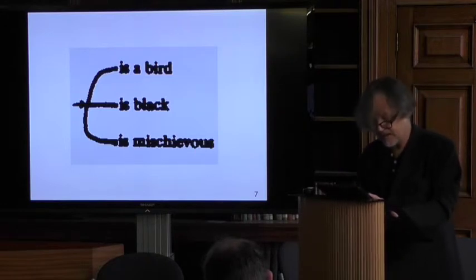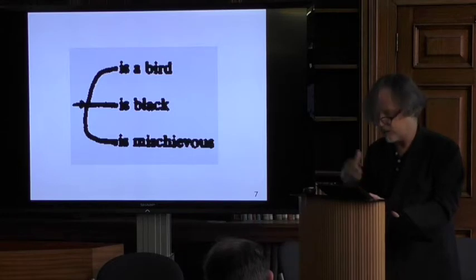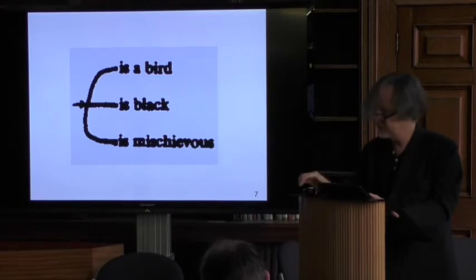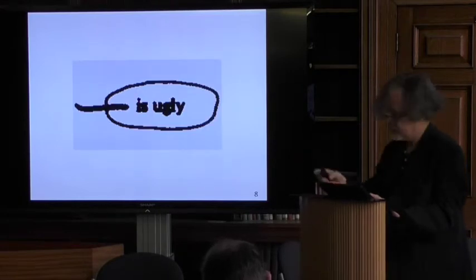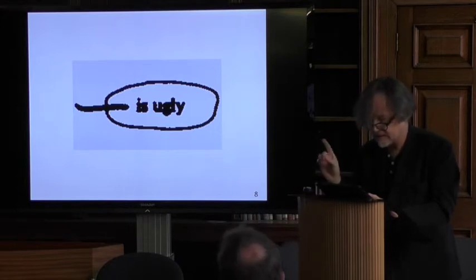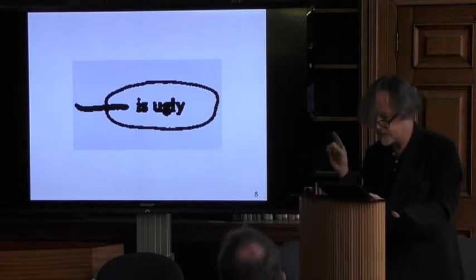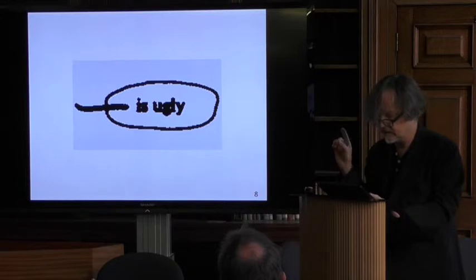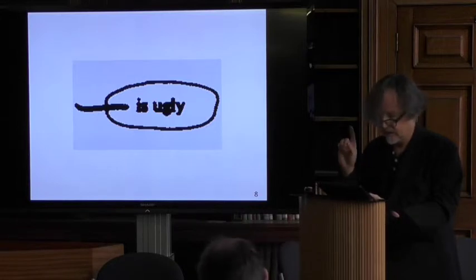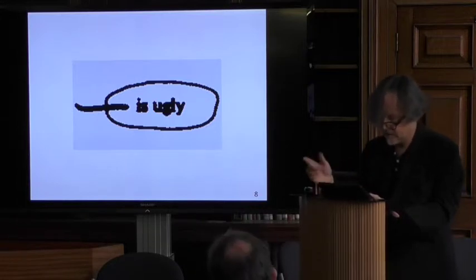So this graph means something exists, something exists and is false, and it is false that this same something is ugly. That is, something is not ugly.